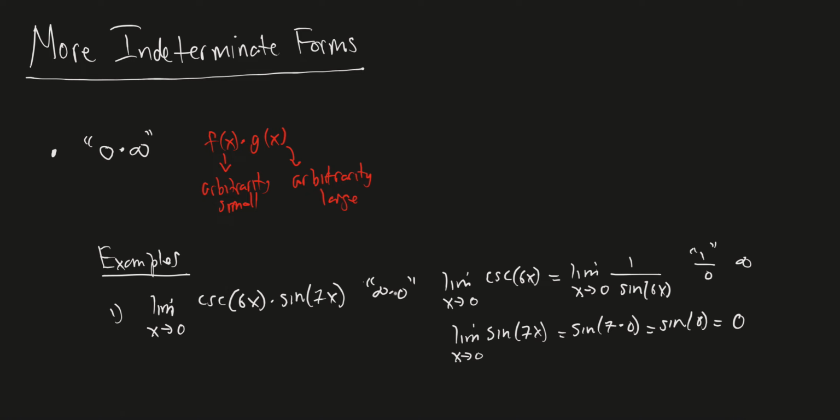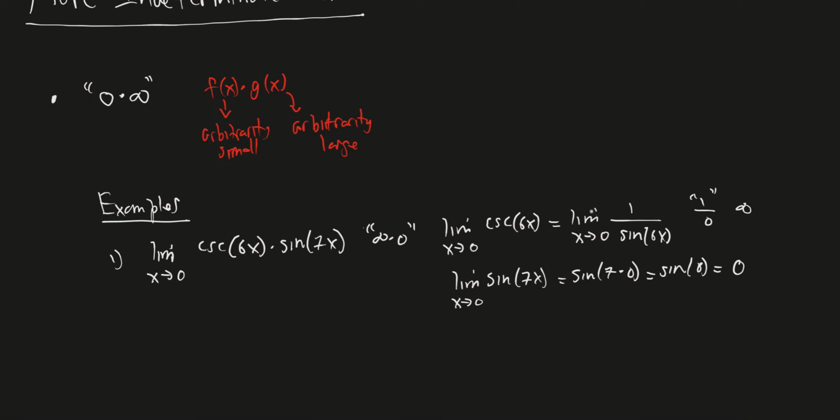And as much as we would like to say that infinity times 0 is something that we know without doing any work, we don't know. So how do we evaluate this? Well, the trick that we used over here to figure out that this was in fact an infinite limit is the same trick that we can use to rewrite this whole thing.